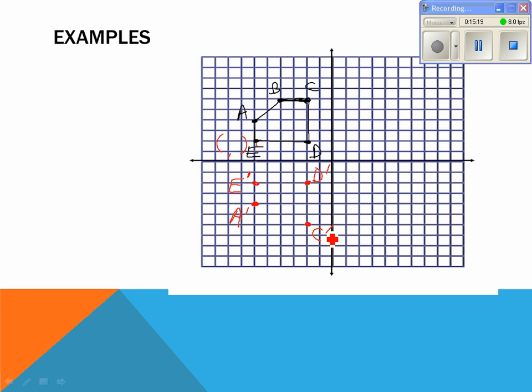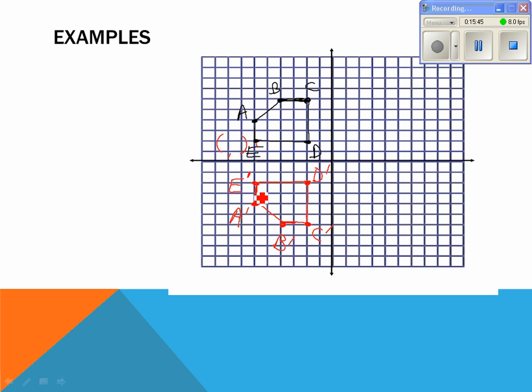B is 2, 4, 6 up, so 6 straight down. Make sure you go straight down. Our new shape, our image. Remember, this is the image, that was the pre-image. It's going to look like that. And each of the points has a prime, a tick mark, to show that this is different.